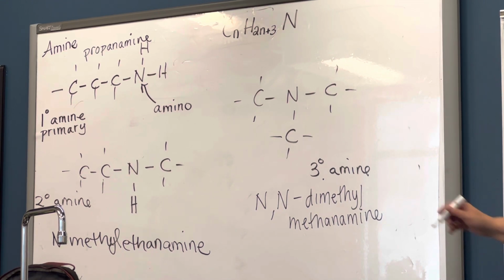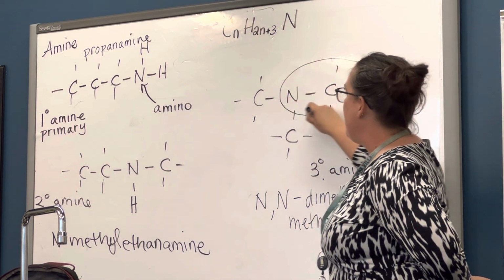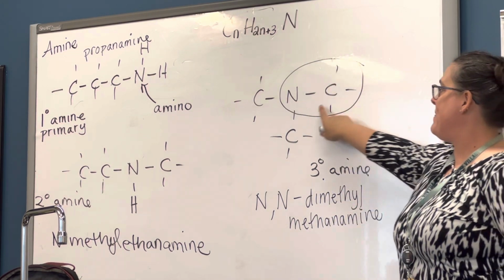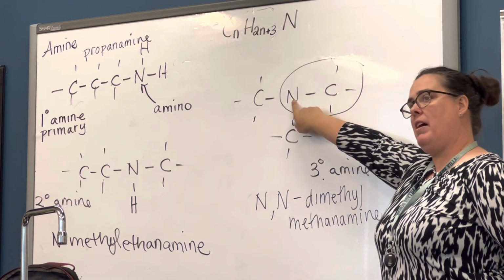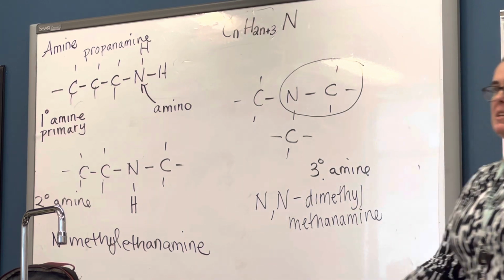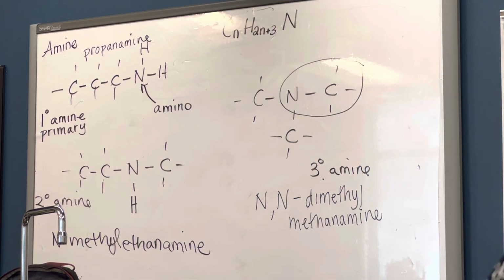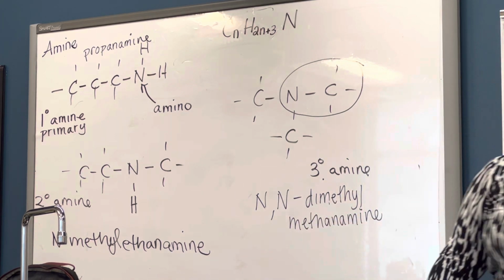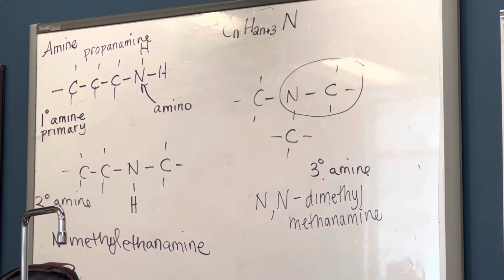But you guys are cultured, so you're going to find that the longest chain is 1 carbon long. So you're going to call it a methanamine. But then on that nitrogen, there are in fact 2 methyls. So the position of each methyl is N. I have to show you where each of the methyls are, and I have to use that prefix di because they're both methyls. So that is N,N-dimethylmethanamine.